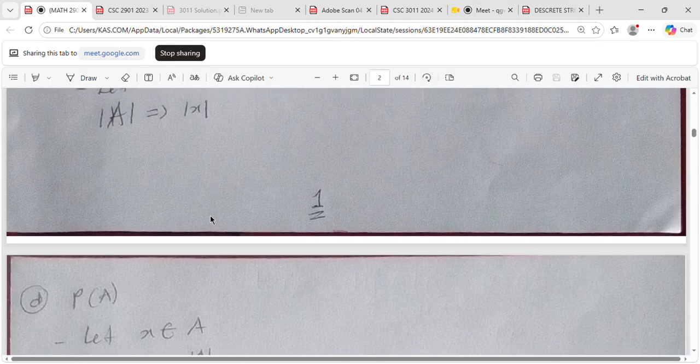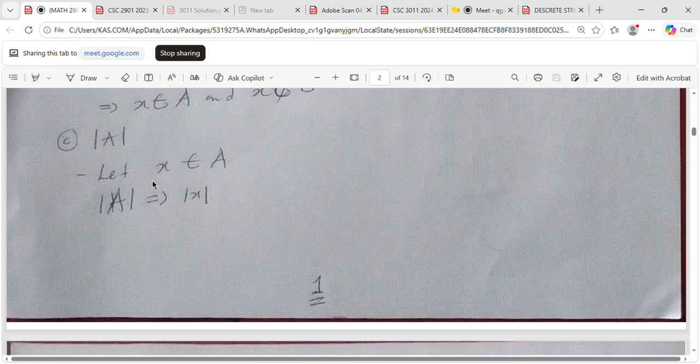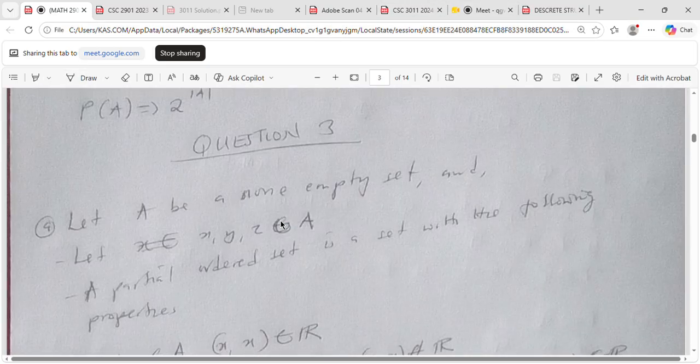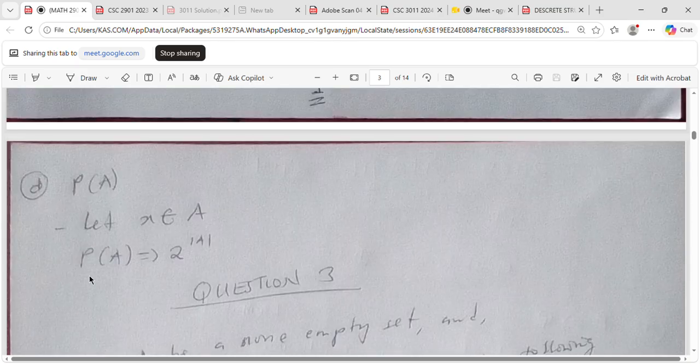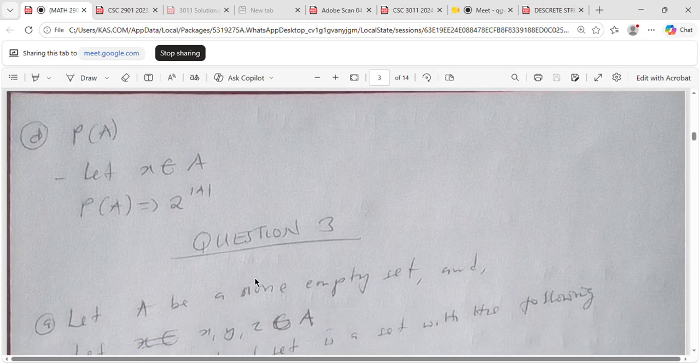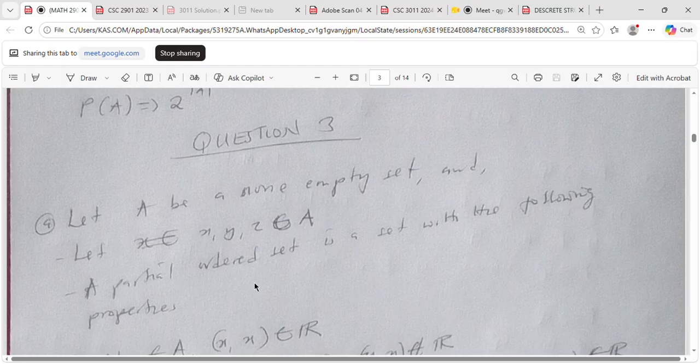So because we have just a single element, you can say cardinality of A is equal to 1. So even here, because we're just using one element, we can just say P of A is equal to 2 to the power 1, which will give us 2 there. Even more precise. I hope we are clear.